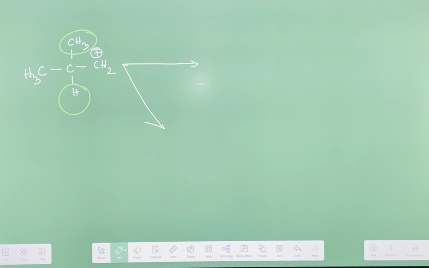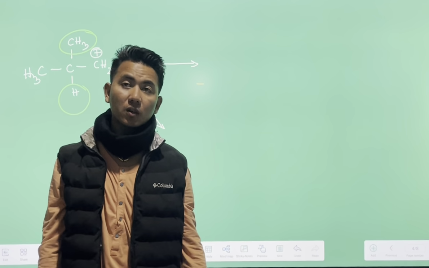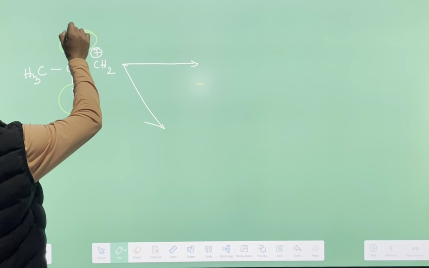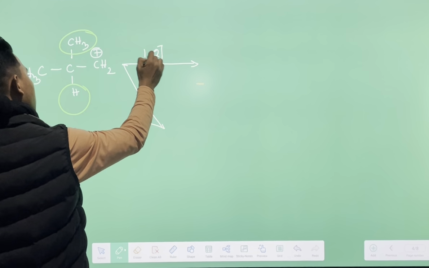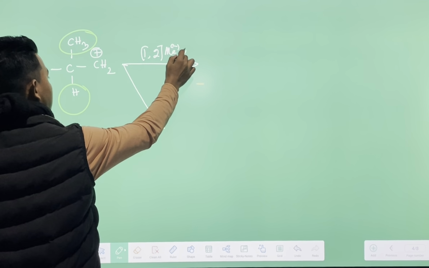We have two options. If we shift the methyl group first, 1,2 methyl shift.